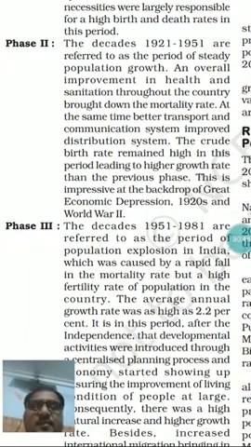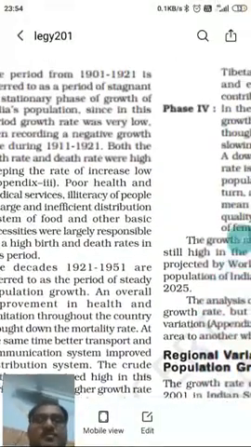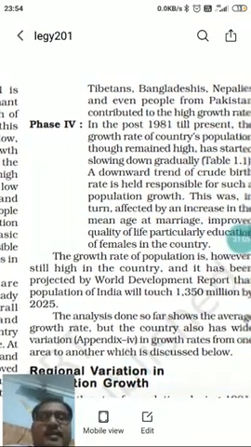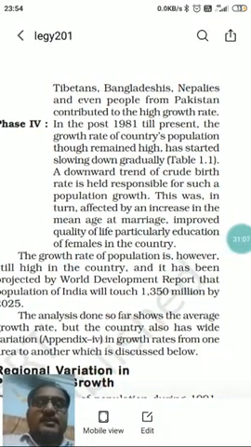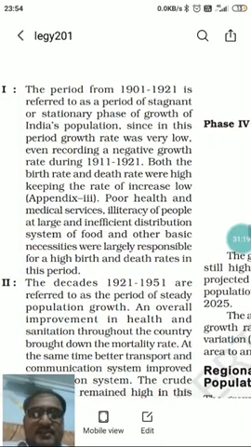Then the third phase is from 1951 to 81, referred to as the period of population explosion in India. Means the population change is on the higher side between 1951 to 1981. And the last phase is from 1981 till present, in which growth rate of the country's population has remained on the higher side. So these are the four phases of population change, and we will see it in the next chapter.